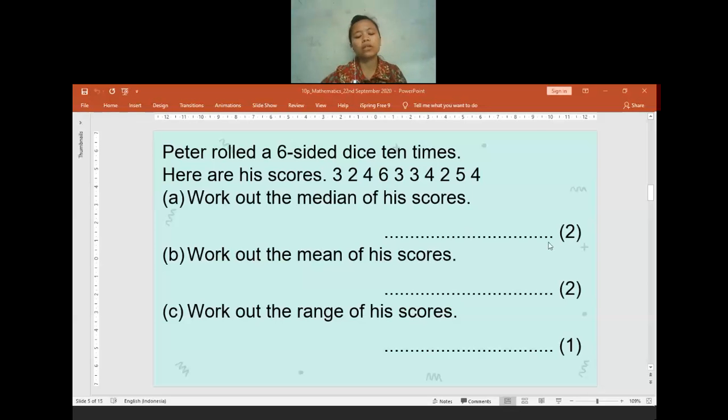Now for this question, question A, we need to find the median. Tell me, what do I have to do first to find the median?